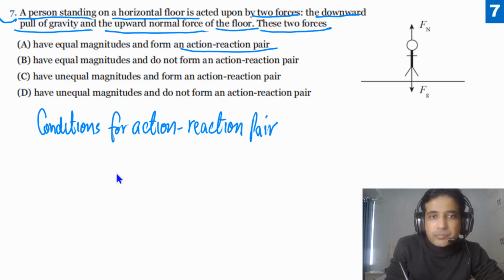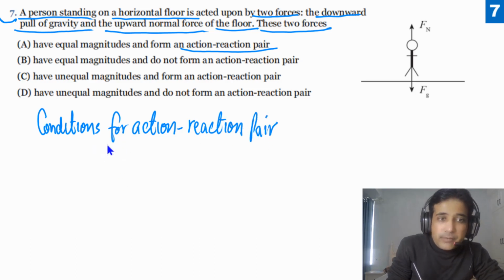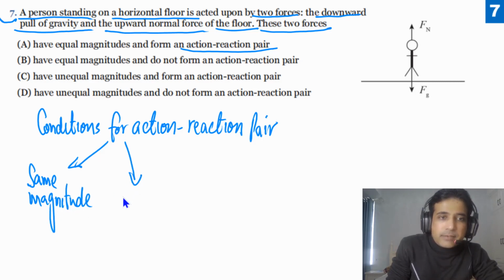We need to understand this point because we see action and reaction pairs in these answers. Two forces can form an action-reaction pair if they have the same magnitude and opposite direction. So the first condition is that they have the same magnitude. Second, opposite directions.